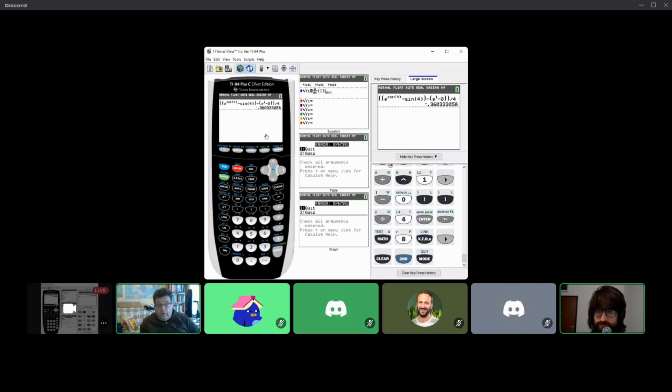So we found the value of the average, right? And now we need to find the derivative of this function.